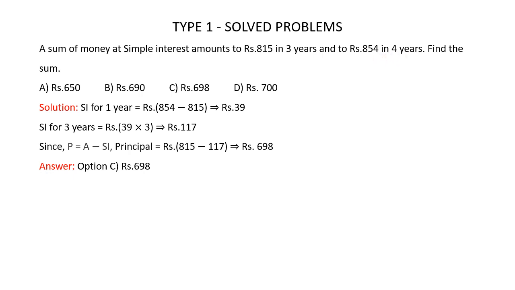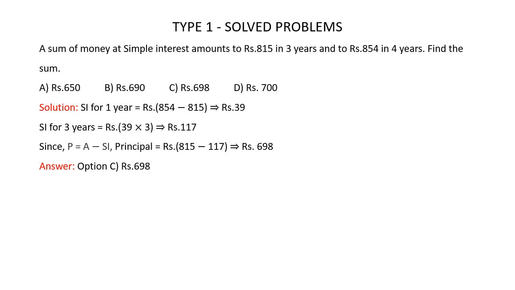This means that the amount in 3 years is different from the amount in 4 years only because the simple interest for 3 years is different from the simple interest for 4 years. So if you subtract the amount in 3 years from the amount in 4 years, you will get the simple interest for 1 year.